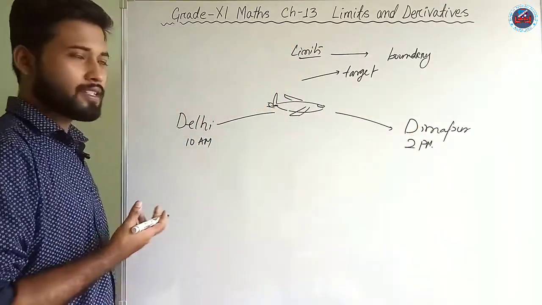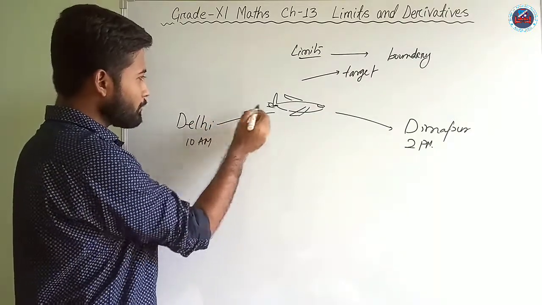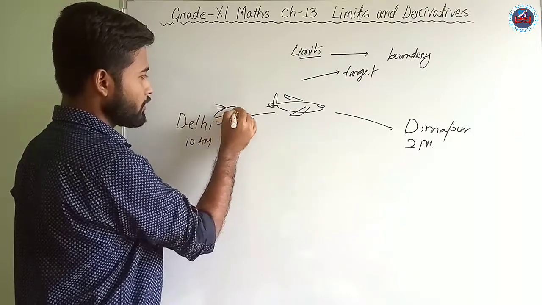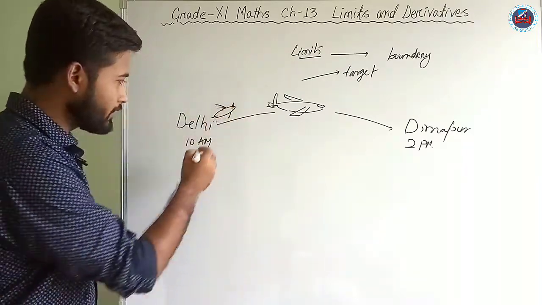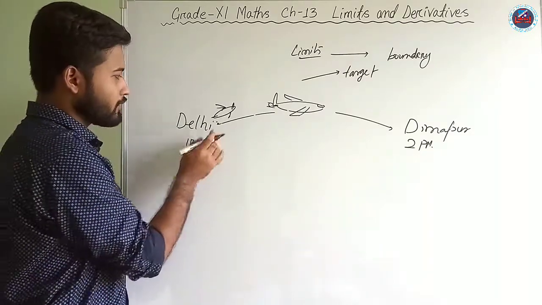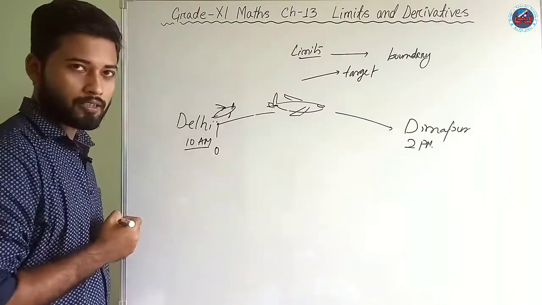Fine. So let us see what the concept is. When the plane was at this point, the time was 10 AM and the distance covered was 0 at this point.